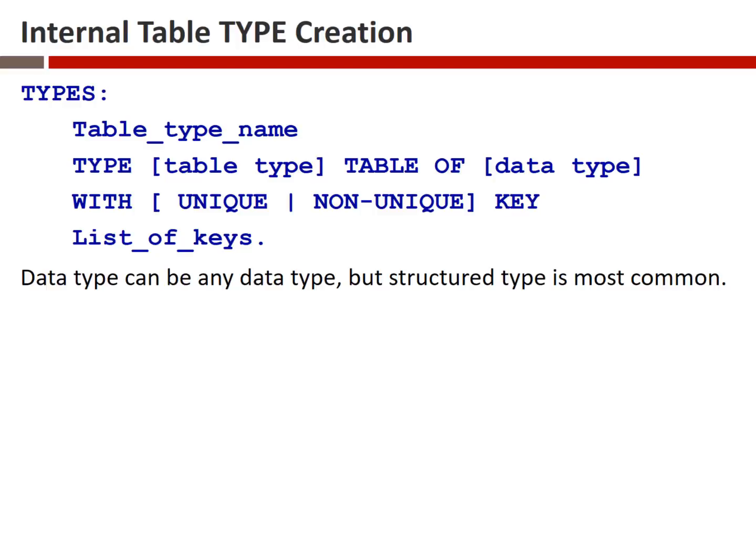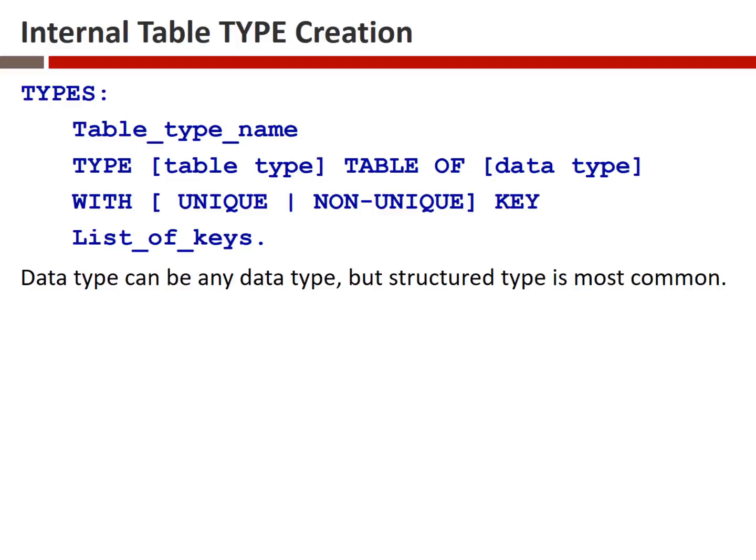Now, technically, the type here, meaning this data type here, could be any data type. So I could do this. I could do types, integer table type, type standard table of I, with non-unique key, and then I wouldn't really have any key fields at all.